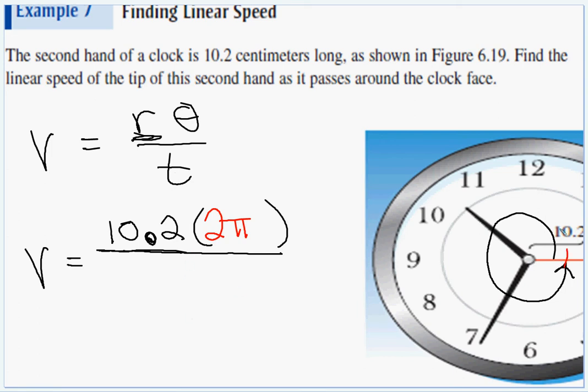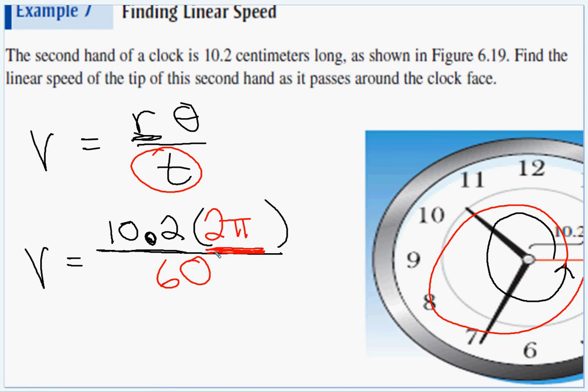Now for time, we could choose by the minute. How many laps around does the second hand make in a minute? Well, 1. Or we could find this linear speed per second, and let's do that. For our time units, let's use 60 seconds. Because remember, we're doing 1 trip around the circle, so that's 2 pi rads, and that trip is going to take 60 seconds. Okay, so if we just punch that into our calculator, we'll get our final answer, and that's going to be approximately, because we're rounding, 1.068.